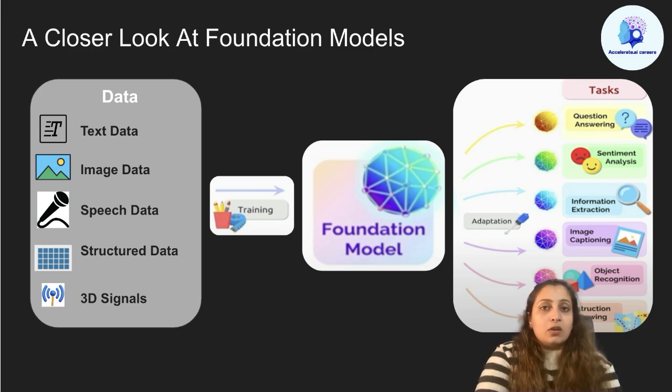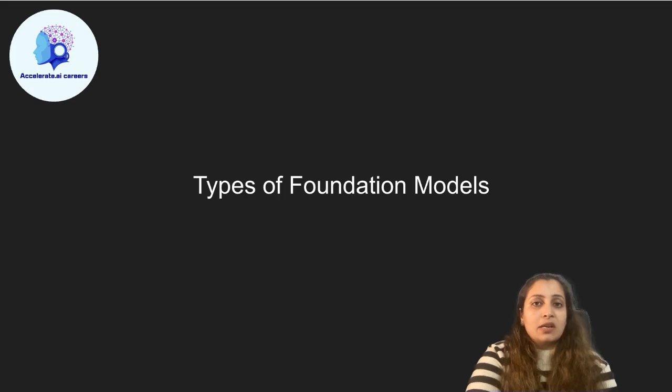So, a single foundation model can be customized for so many use cases. Now, the large-scale data training process and generalization across the tasks is something which happens after the foundation model has been trained upon. Now, let's look at various types of foundation models.